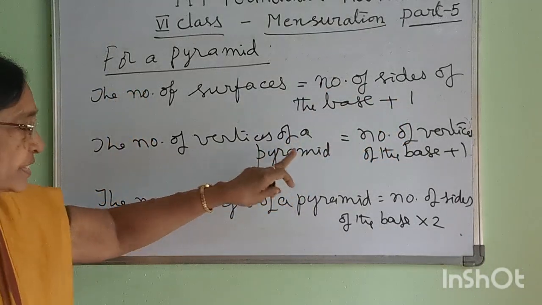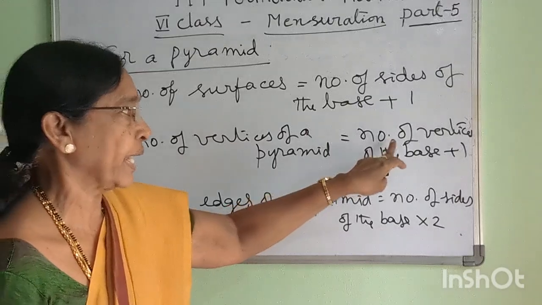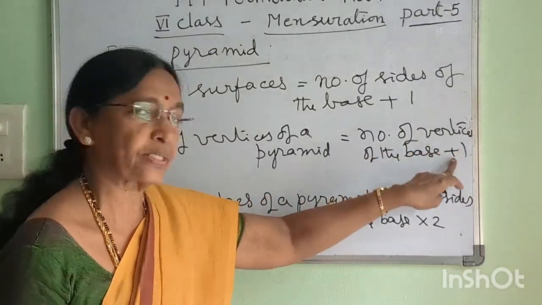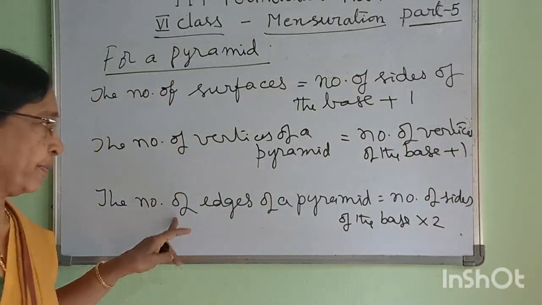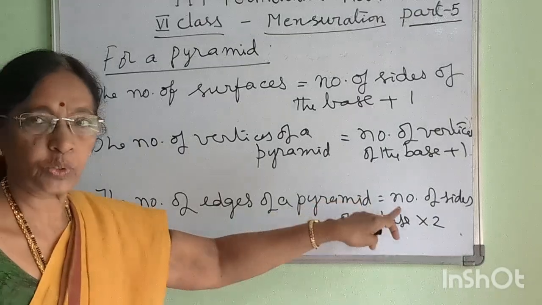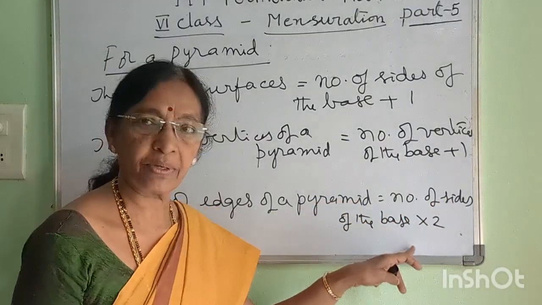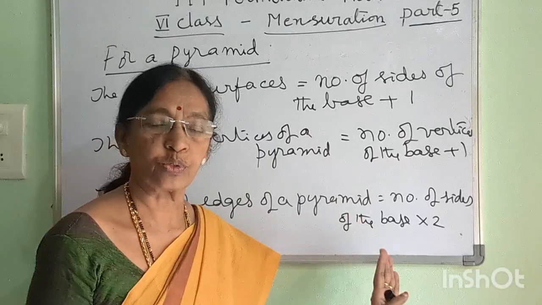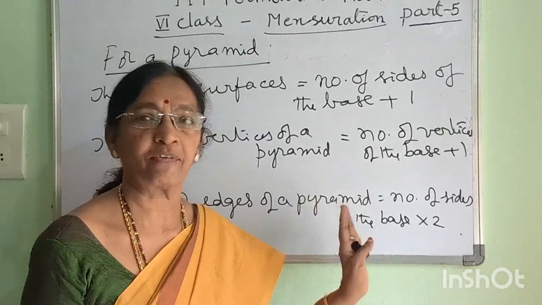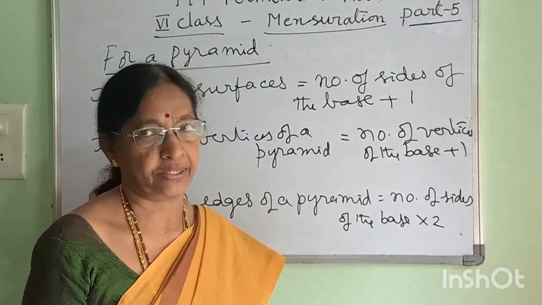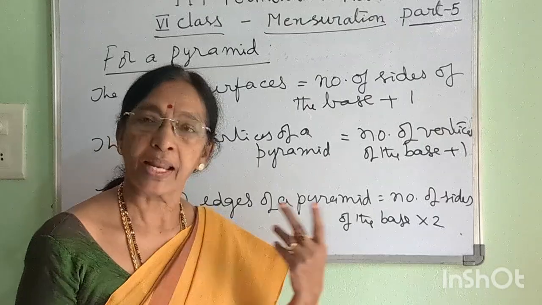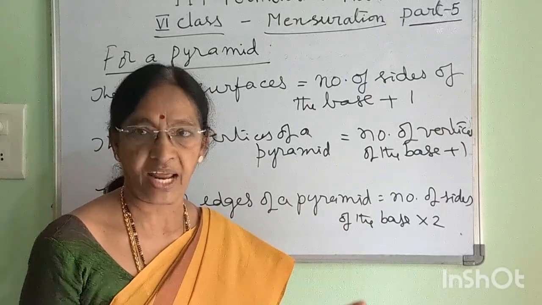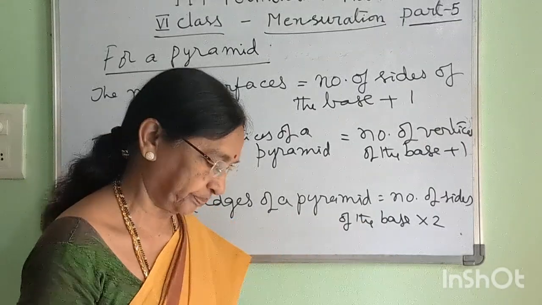The number of vertices of a pyramid is equal to the number of vertices of the base plus 1. The number of edges of the pyramid is equal to the number of sides of the base into 2. These points hold good for all pyramids, whatever the shape of the base. And the lateral surfaces are triangles for a pyramid.